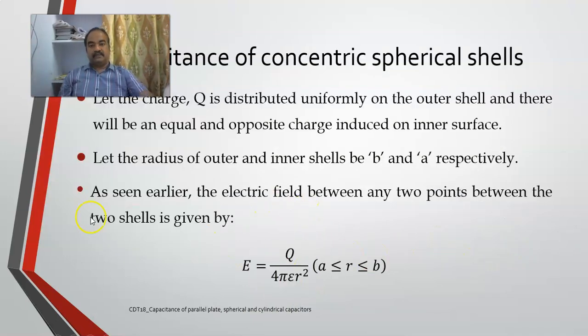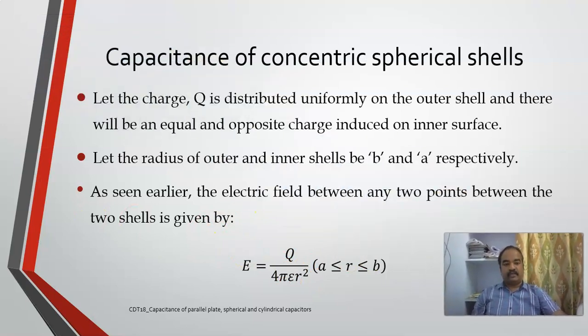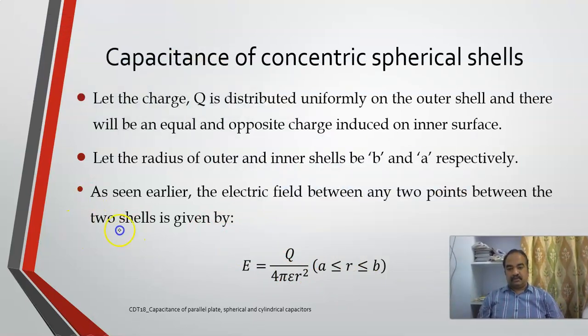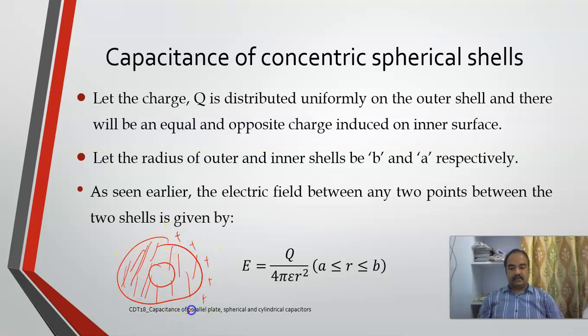Now let a charge of Q be distributed uniformly on the outer shell. So in this configuration, this is a dielectric medium, and the outer part is having a uniform charge of plus Q, and the inner part is having a uniform charge of minus Q.